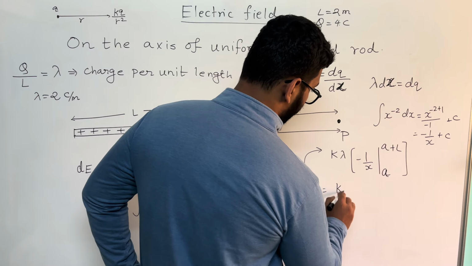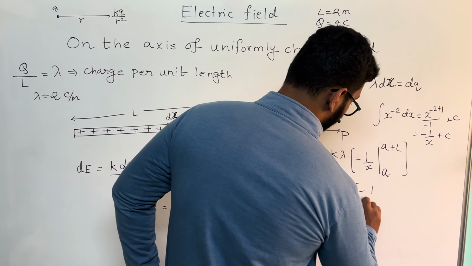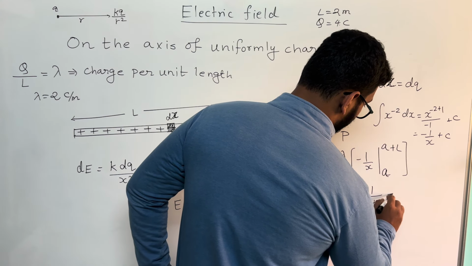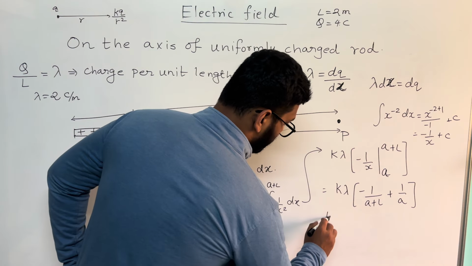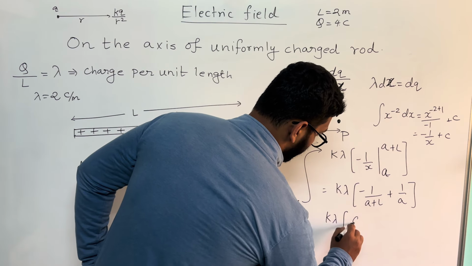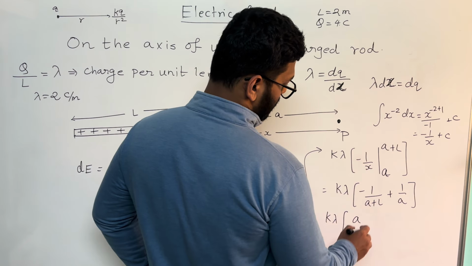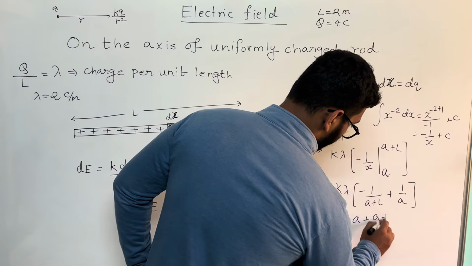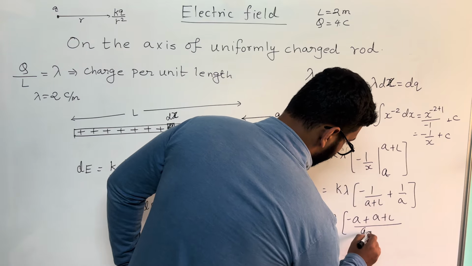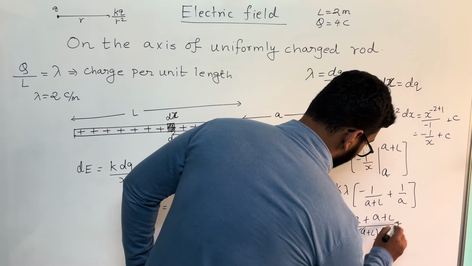So this will be k lambda times minus 1 upon a plus L plus 1 upon a, because minus of minus is plus. So this will become k lambda times minus a plus a plus L, divided by a plus L into a.